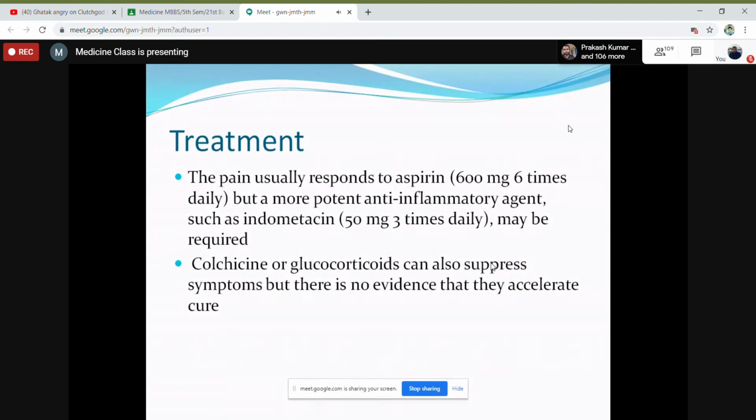And in patients who have acute pericarditis, anticoagulants should be avoided as they can cause bleeding in the pericardial sac, and this can lead to cardiac tamponade. So we have to be careful when we are using other drugs like anticoagulants.